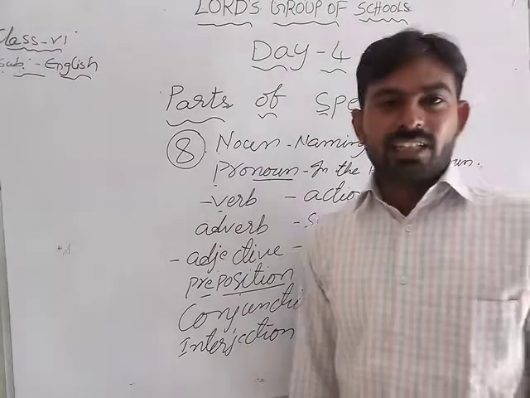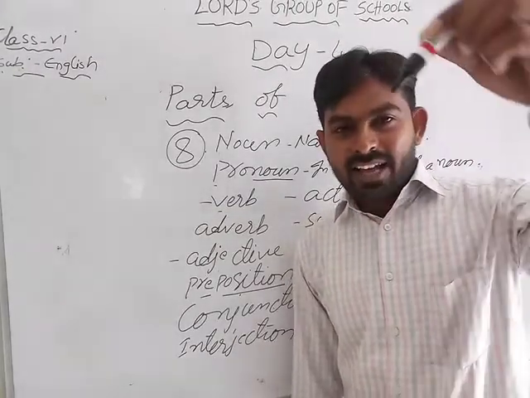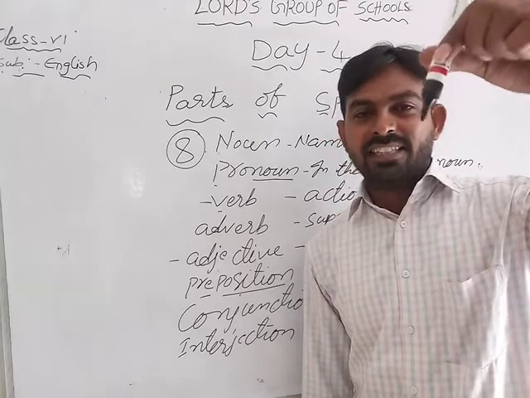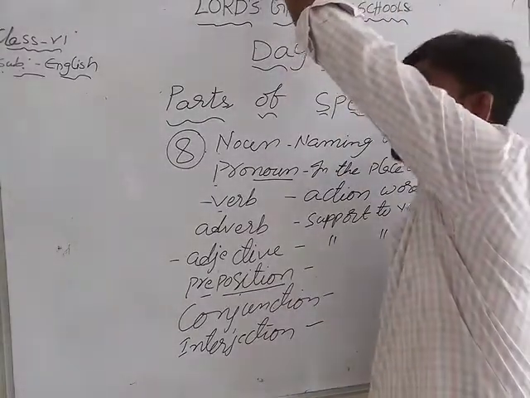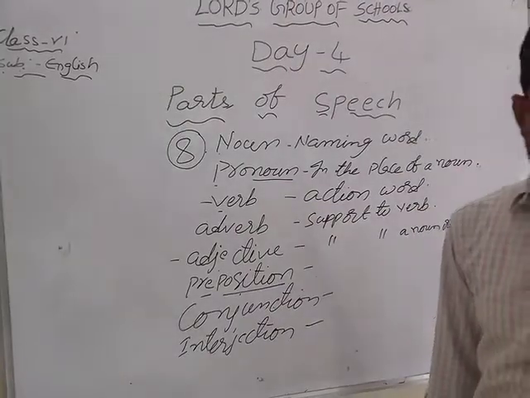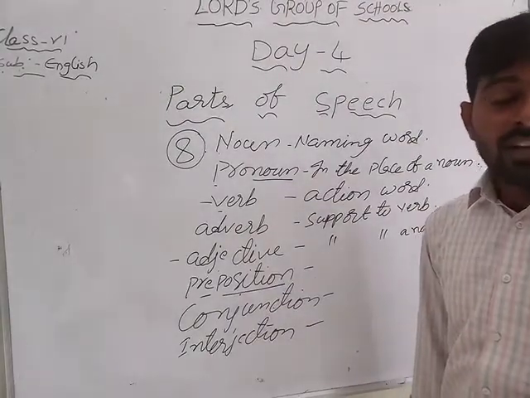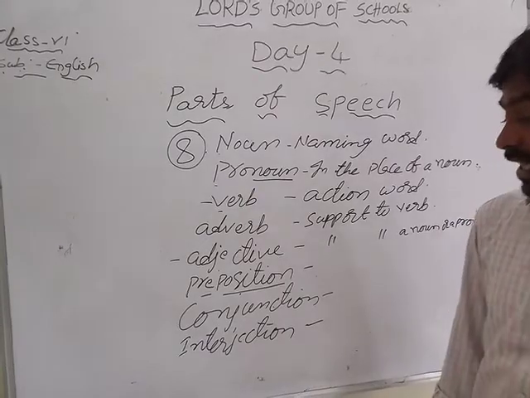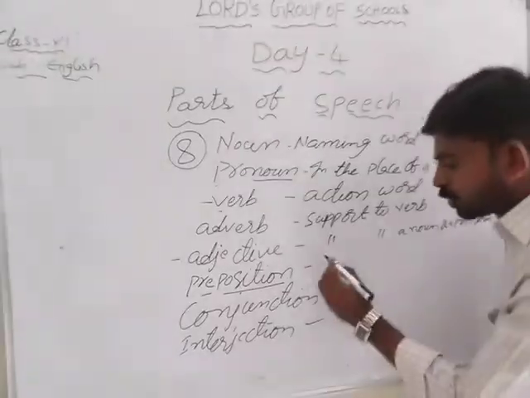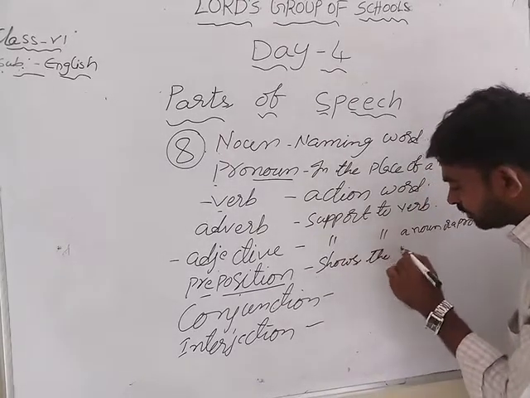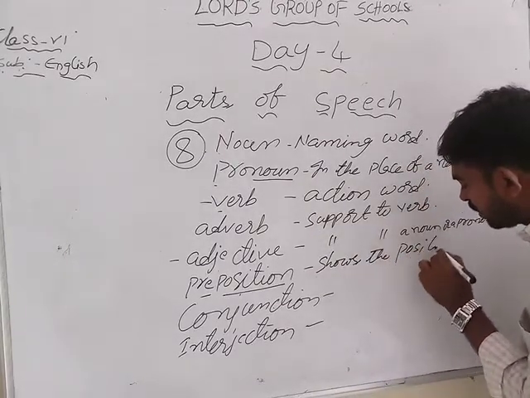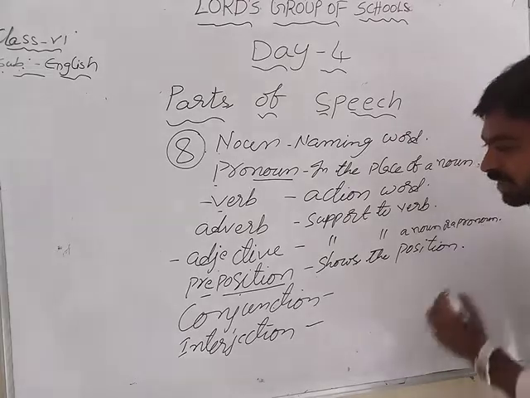In, at, on. The pen is in my hand. The chalk piece is on the board. Wherever we can say in or on, that is a preposition. It shows the position.